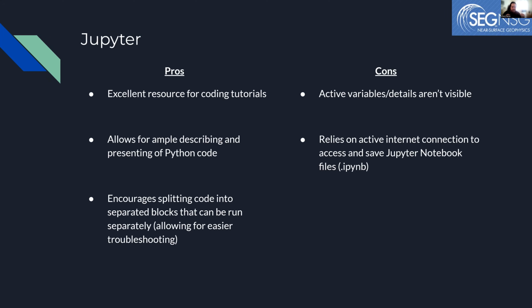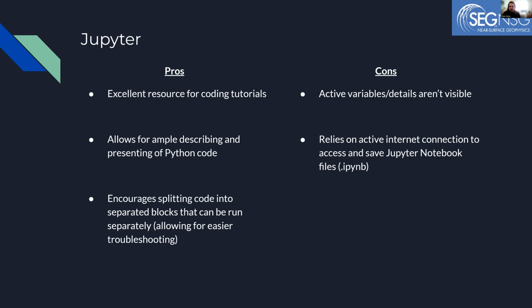As you get more practice with coding, you'll find that troubleshooting code that isn't working when it's one huge block is a lot more frustrating than splitting it into sections and saying, okay, with these specific four or five lines there's a problem here, and making sure that works before going on.